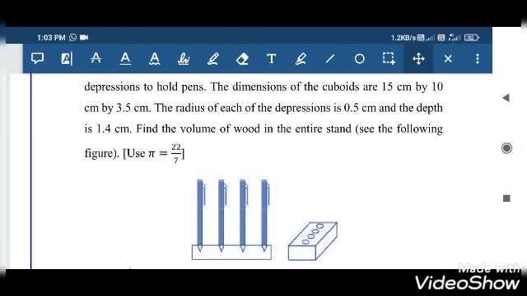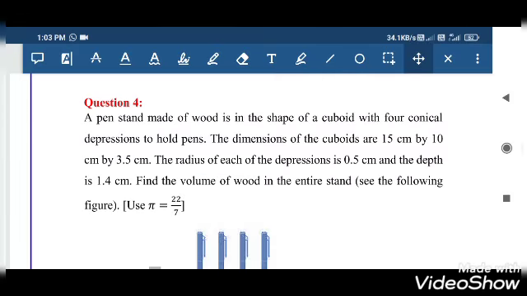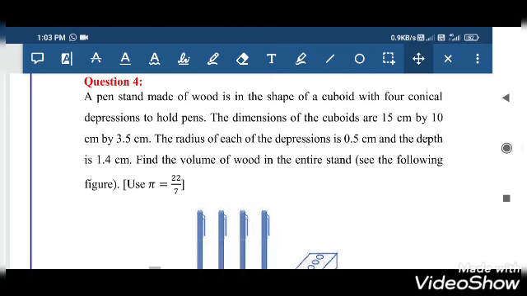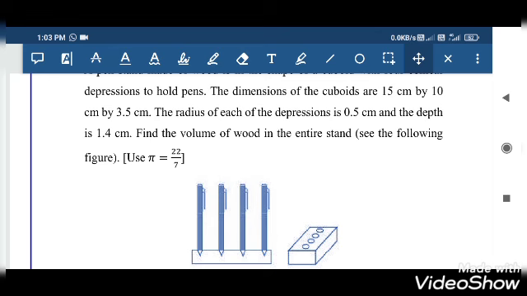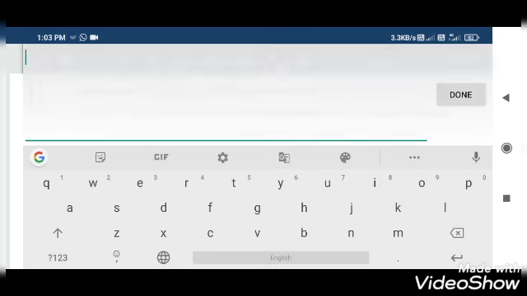So how do we find it? We need to find first the total volume of the wood. This is given in the form of a cuboid. They have already given that it is a cuboid. So we need to take the volume of a cuboid.